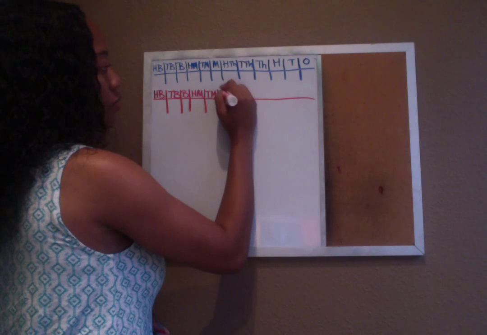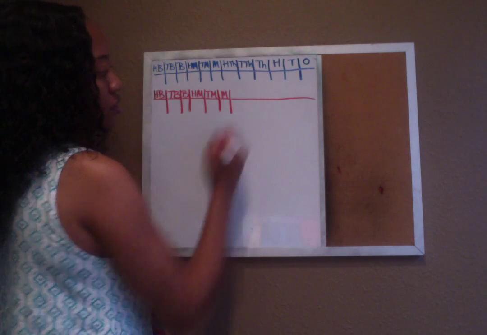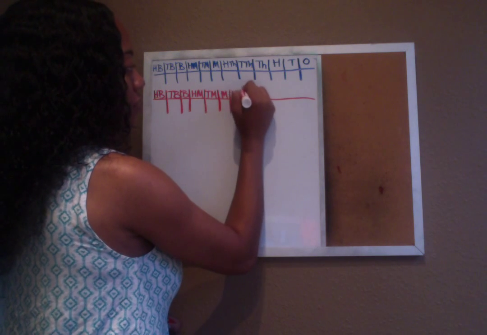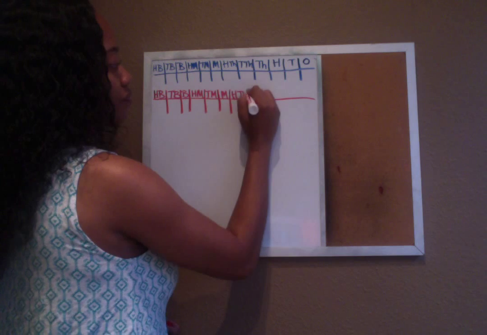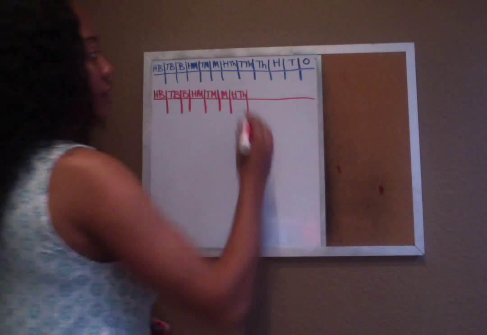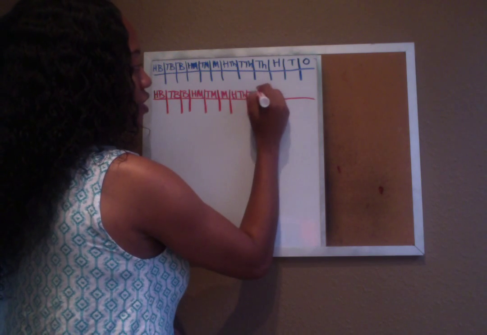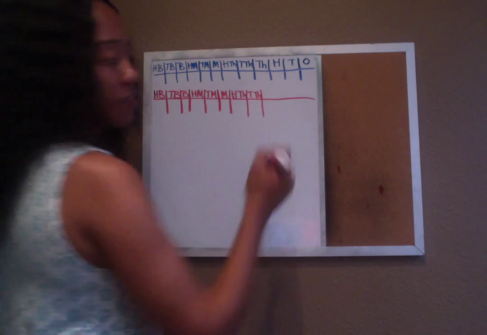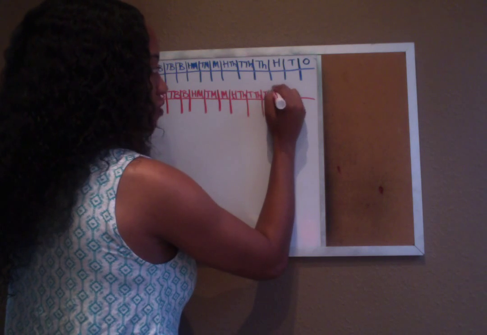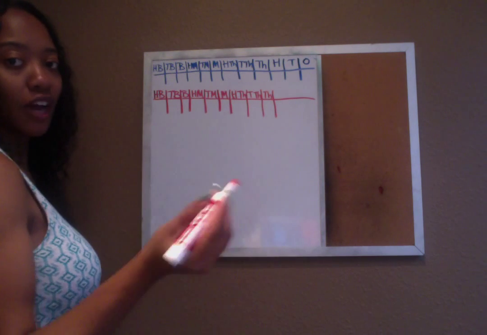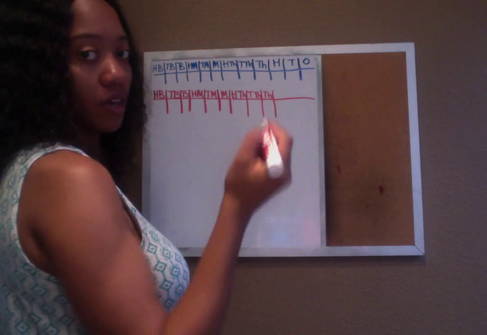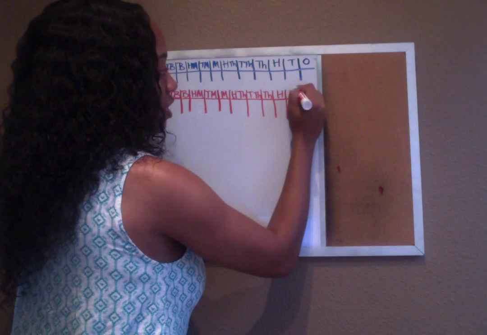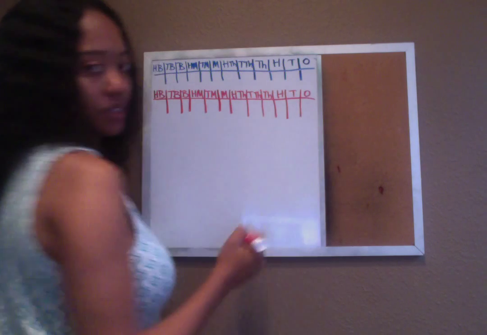Then drops down to your millions. You're still losing money. You only have 100,000 left. HTH. Then you're left with only 10,000. TTH. Now you only have $1,000. TH. And now you're down to the first three place value sections that you learned. Hundreds, tens, and ones.